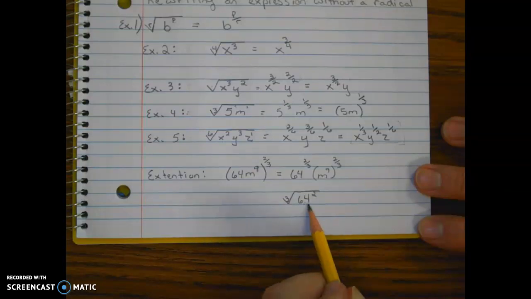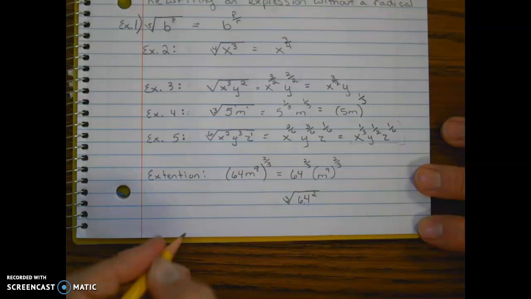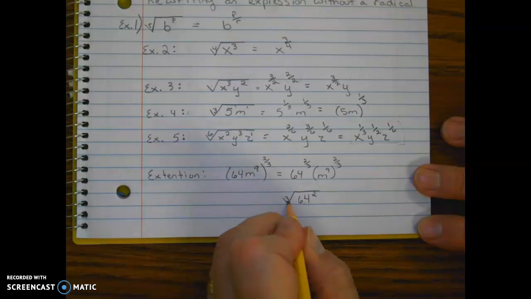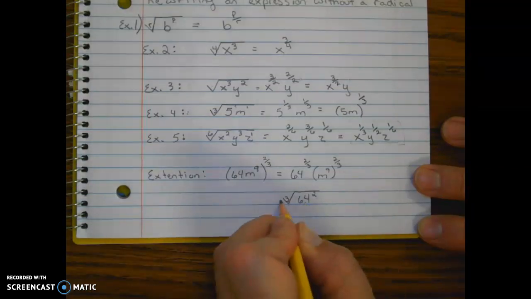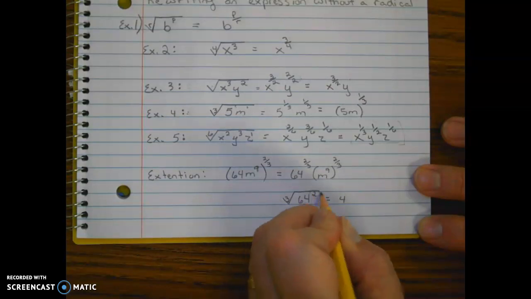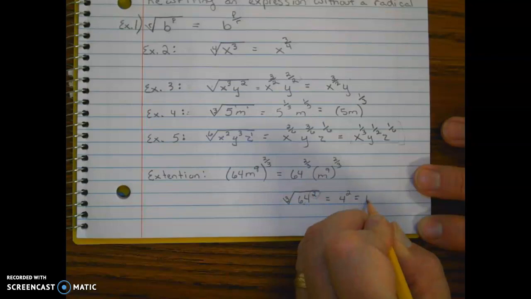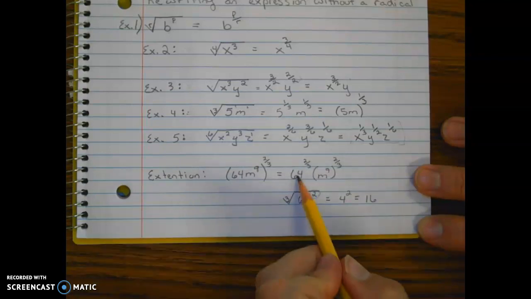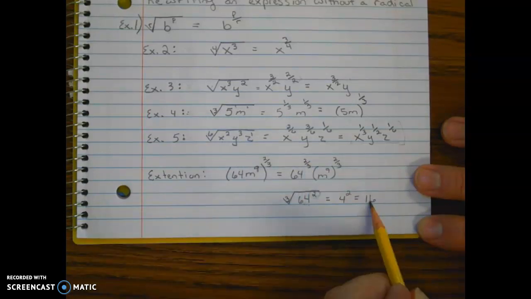So the cube root of 64 is going to be 4. Then we square that, and we get 16. So 64 to the 2/3 power is 16.